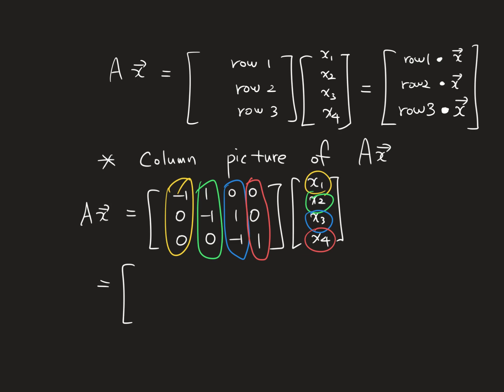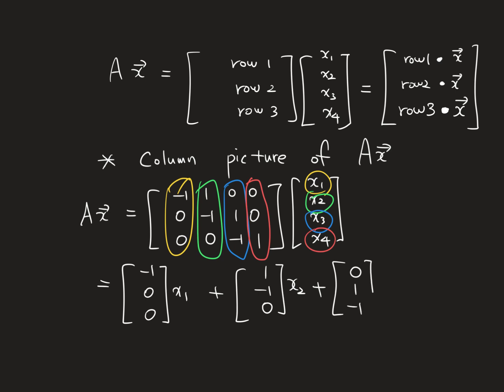So minus 1, 0, 0 times x1, plus 1, minus 1, 0 times x2, plus 0, 1, minus 1 times x3, plus 0, 0, 1 times x4.